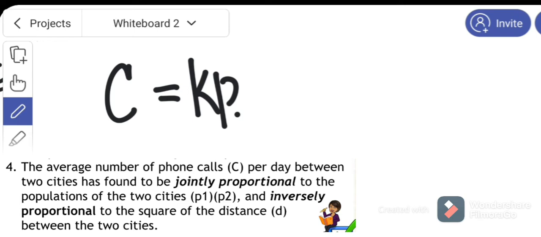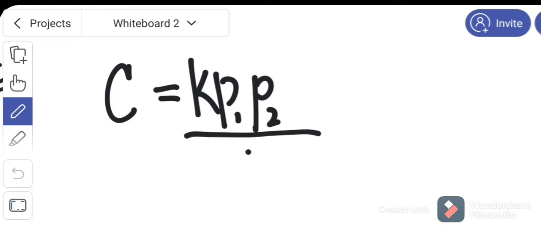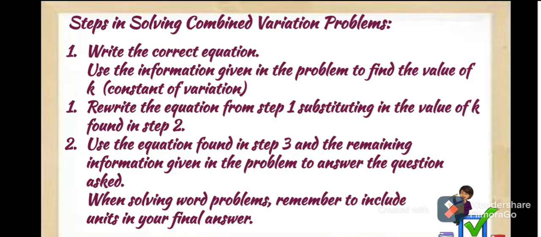Don't forget the constant of variation, P1 and P2, and inversely proportional to the square of the distance. So we have D squared. Then that is our equation.